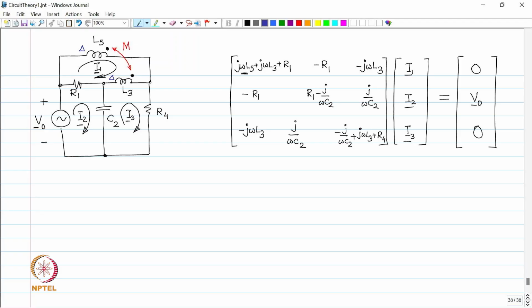Okay. So, what will be the extra drop created across L 5? J omega m times I 3 minus I 1. This is the extra drop created across L 5, okay, for current I 1.